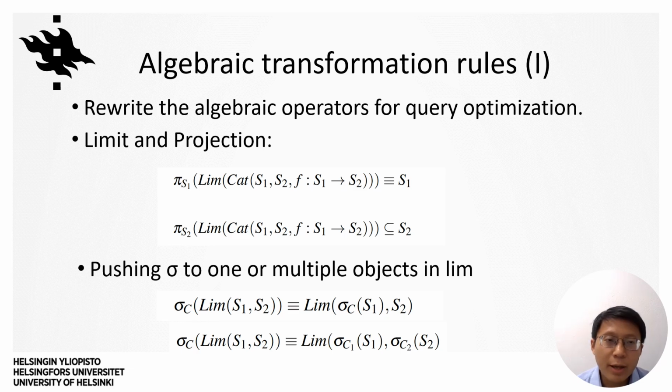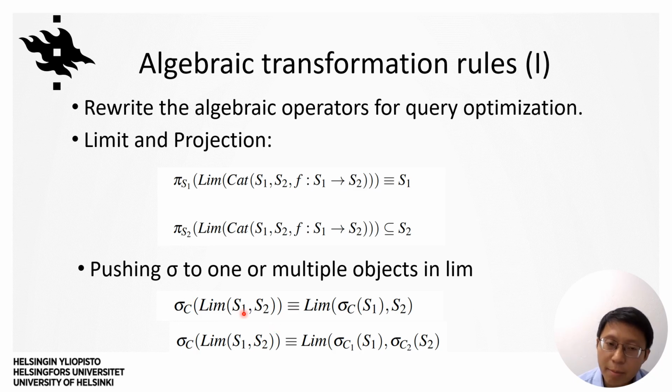In this slide, we show some formulas based on the limit and the projection. The first formula shows that if we first generate a category and compute the limit, then do the projection, the result will be equal to the original object of S1. Secondly, this shows that we can push the sigma, which is the selection operation, to one or multiple objects in the limit.